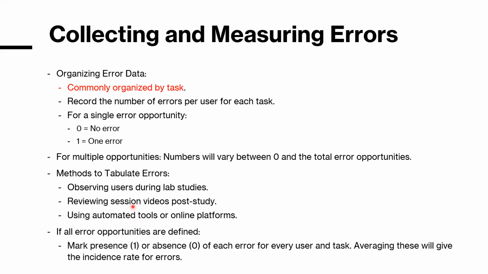For example, while the user is executing your task, we observe them, or we record the entire session. We can do both: manually recording and observing, and then reviewing the video recording later on. And of course, the next one is automated tools, which are precise and will tell you exactly where the user made a mistake.